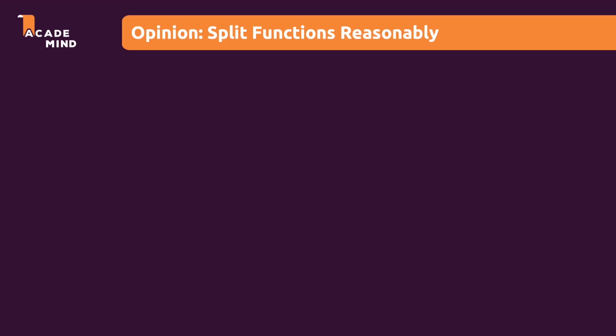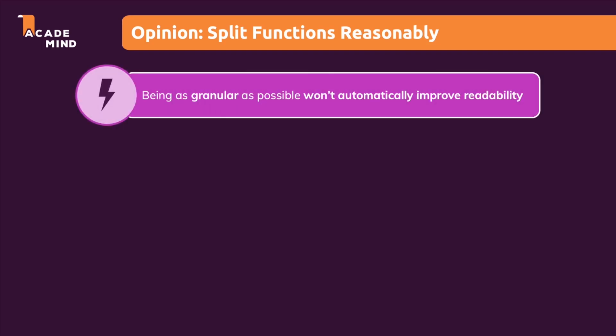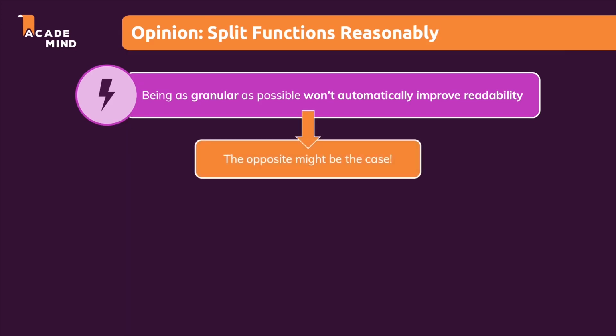You learned all these different rules and concepts, like the level of abstraction and these rules of thumb and that you should stay DRY, but just blindly following all these rules bears the danger of becoming too granular. And just because you are granular and you split your code won't automatically improve readability of your code. Indeed, the opposite might be the case.